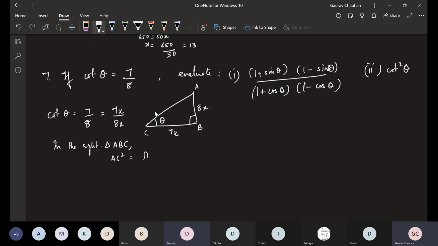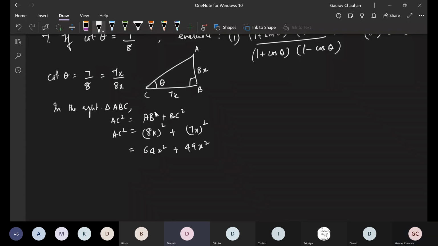Okay, I'll write AC square is equal to AB square plus BC square. AB square is 8x whole square, sir, and BC square is 7x whole square, which will become 64x square and 49x square, which is 113x square, sir.